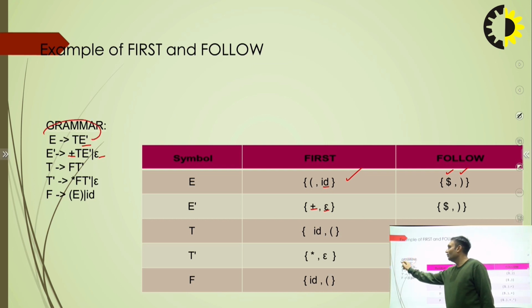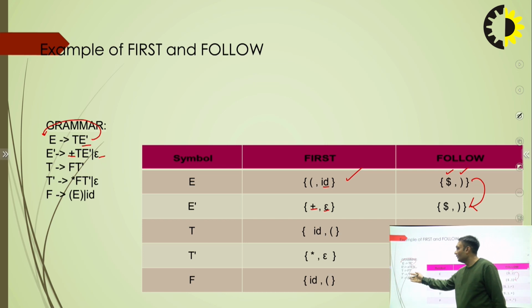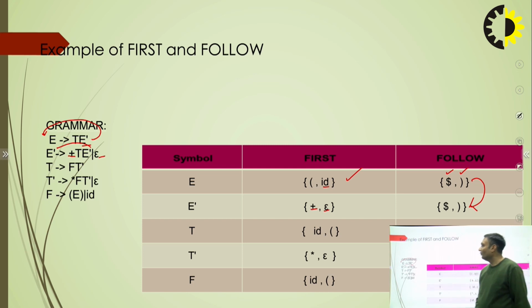So as per rule number 2, all the follow of this E will also be part of the follow of E dash. And similarly, E dash is present here, and again nobody is following this E dash. So again the same thing: dollar and close bracket will be part of the follow of this E dash.